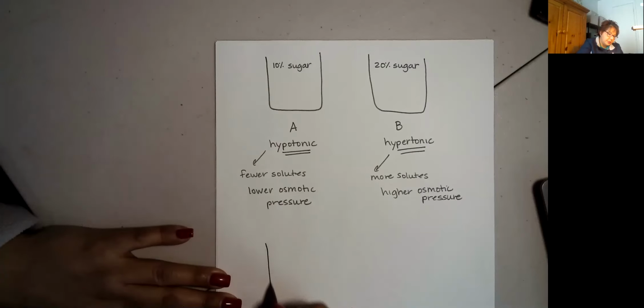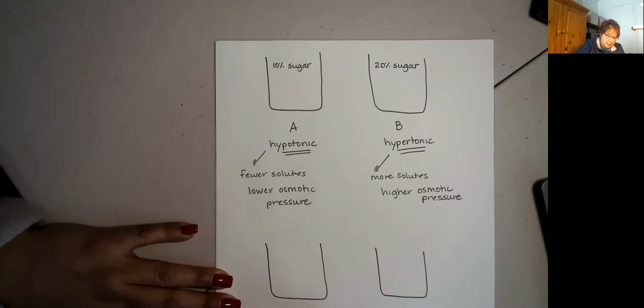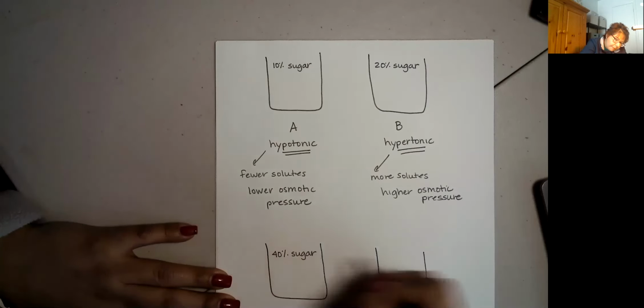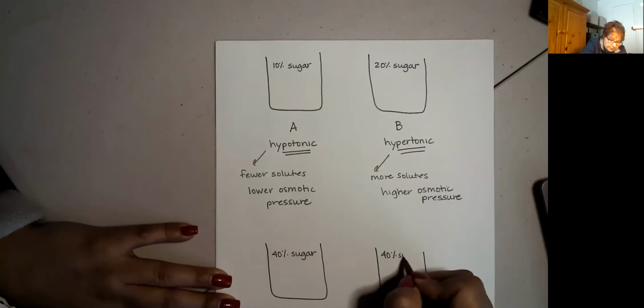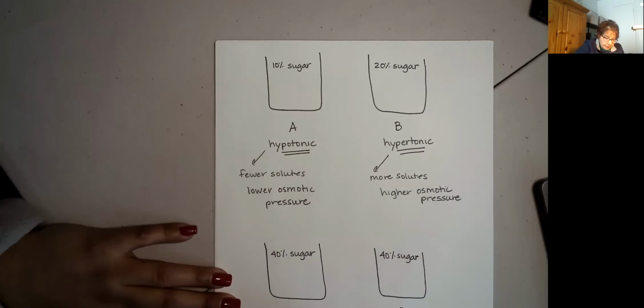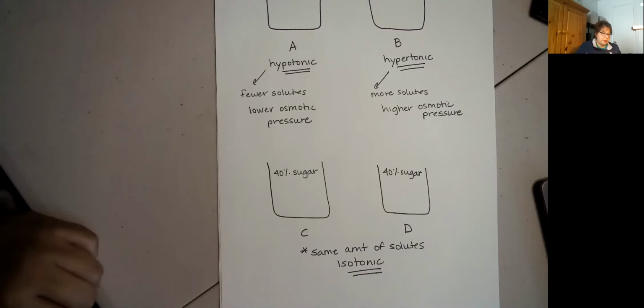If you have 2 solutions, let's say this is solution C and D, and they're both the same, 40% sugar. What happens if they're the same? If they have the same amount of solutes, then they are isotonic to each other.